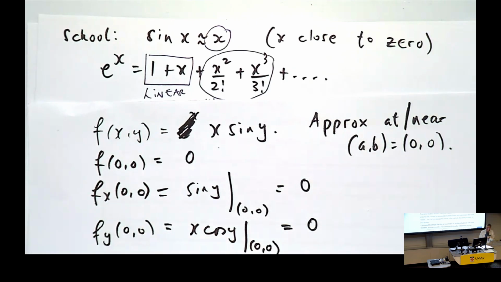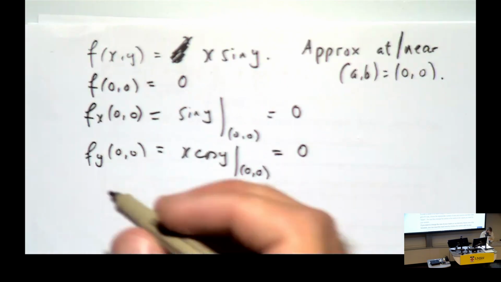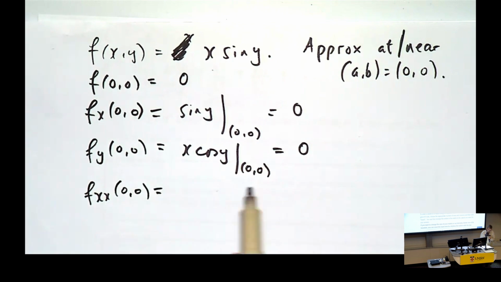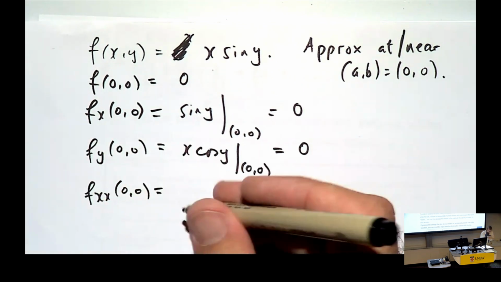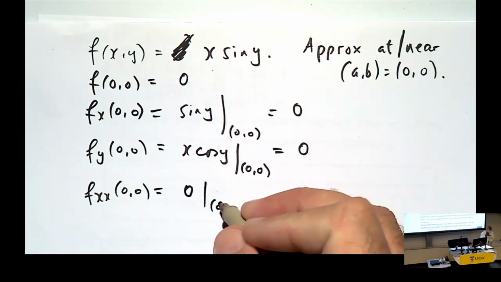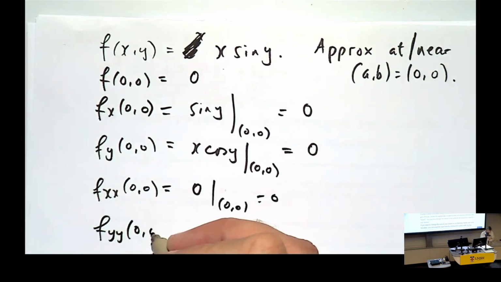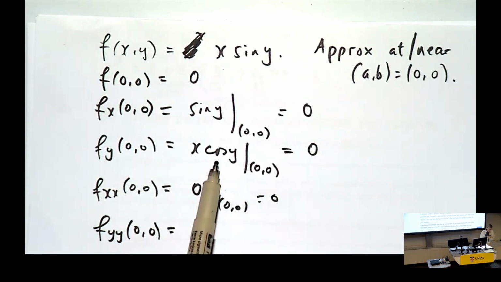So let's do the second order partials now. Okay, so we differentiate with respect to x and we're going to get 0, which of course is 0. Let's do the other ones. Okay, differentiate with respect to y. So we're going to get negative sine, right?